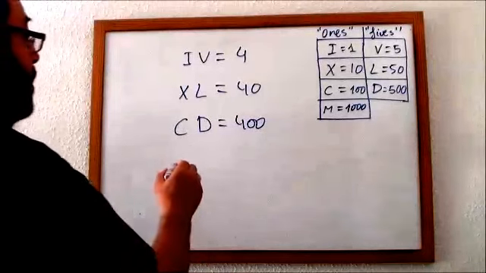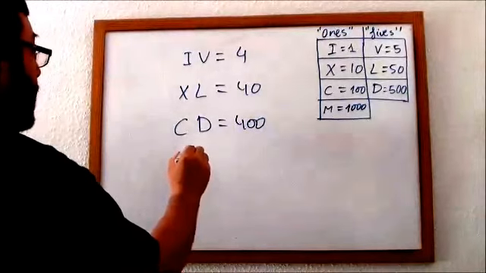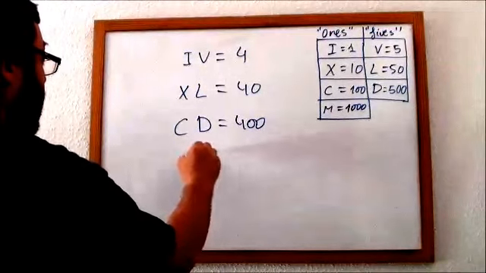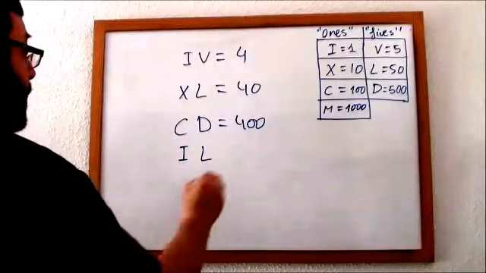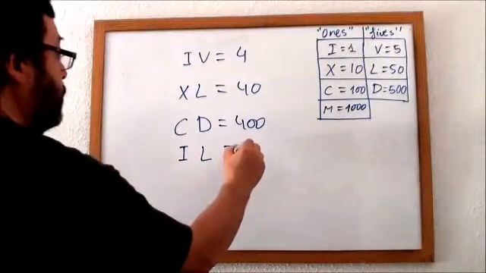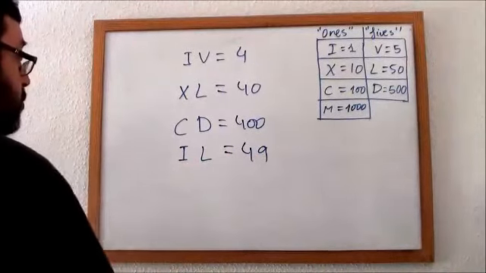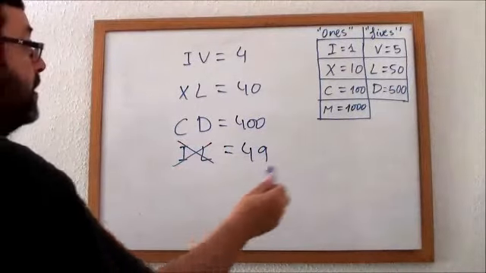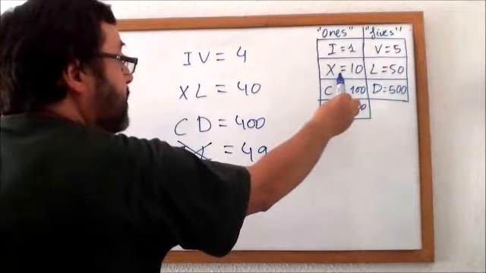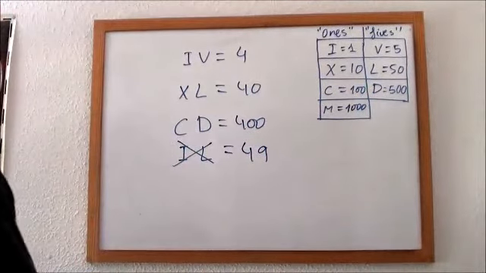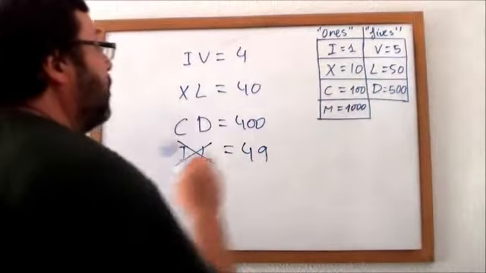But you cannot go and do IL to make 49, 50 minus 1. This is not correct. You can only subtract the letter that is next to it, exactly on the left.